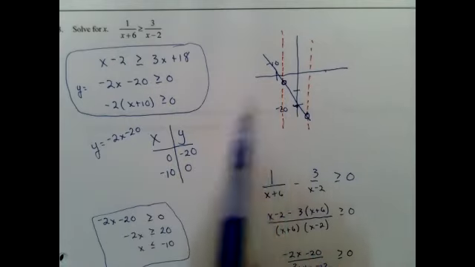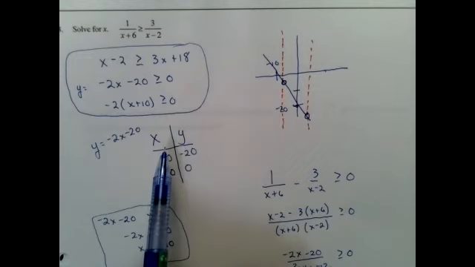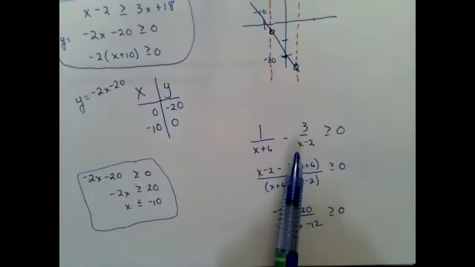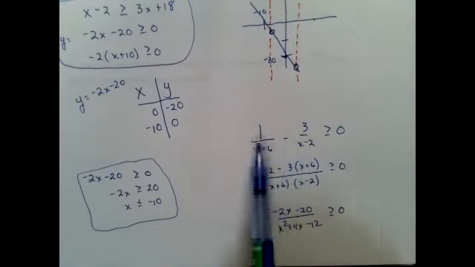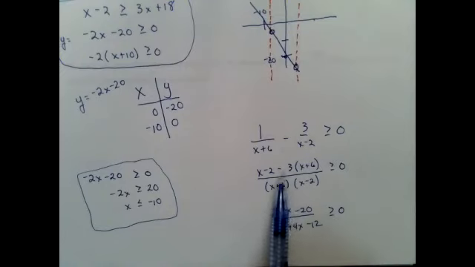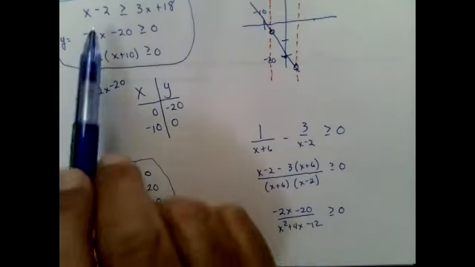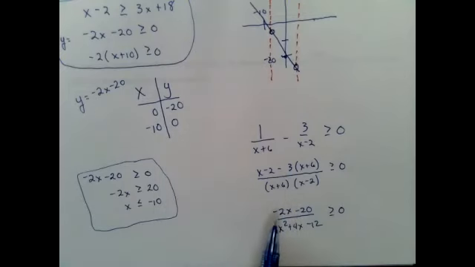So I started thinking, what does this graph look like? But then I still wasn't sure if I was allowed to cross multiply. I came down here and I said, okay, I'm going to do what we did before. I'm going to bring the other term over. And now I'm going to get common denominators. And there's my -2x minus 20 again, but I have it over x plus 6 times x minus 2.